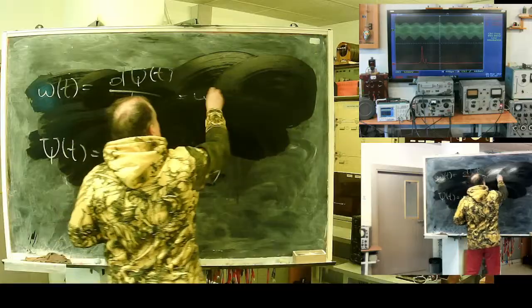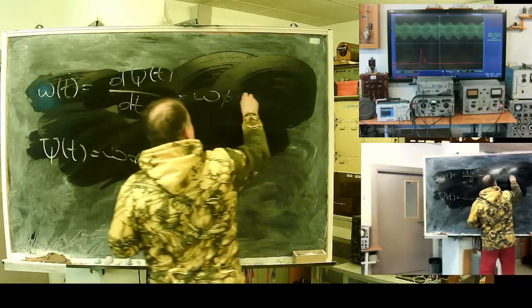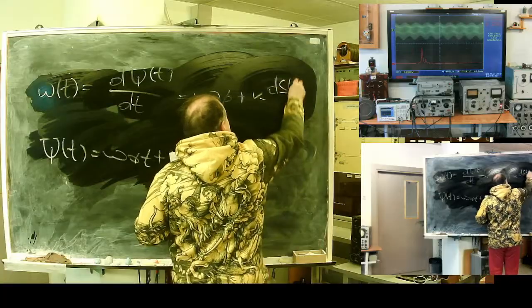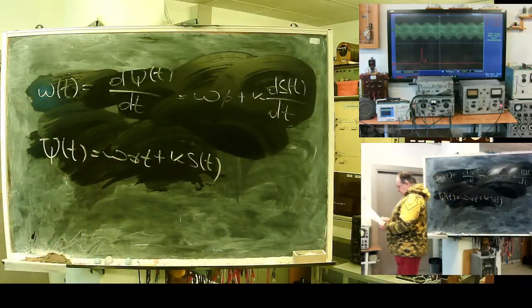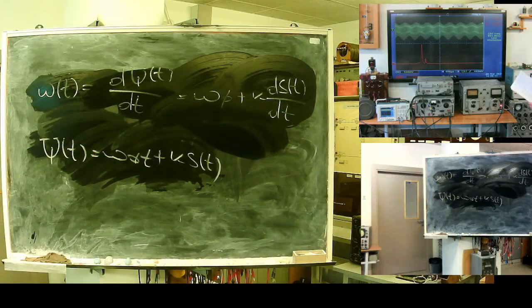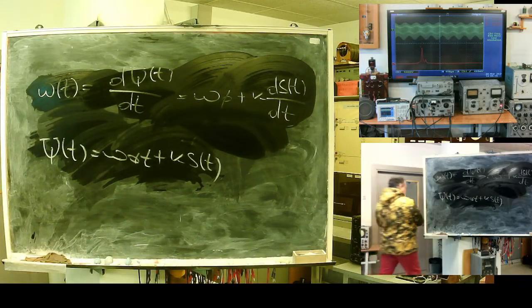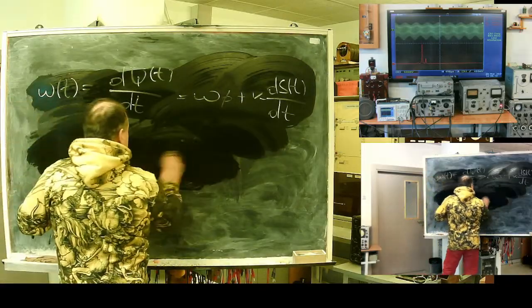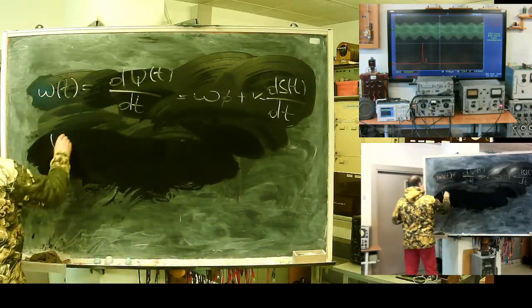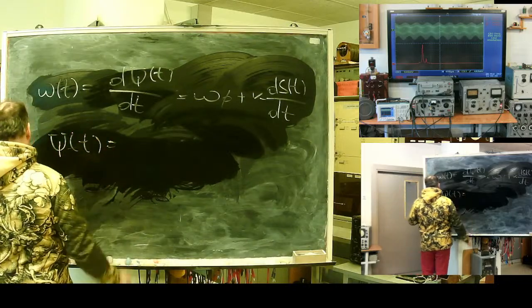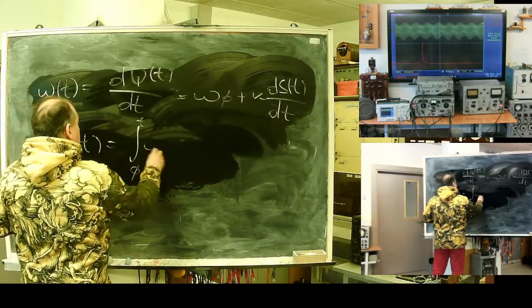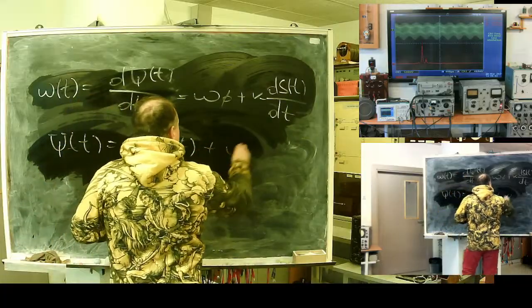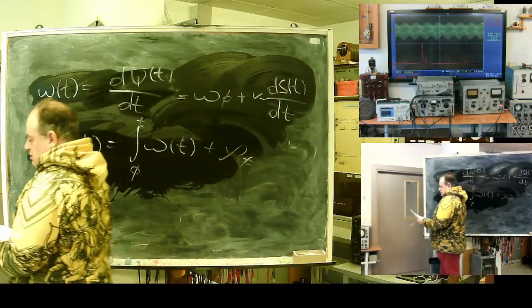In our case, it will be omega 0 plus k multiplied by the first derivative of my signal. Just to remind, instant phase can be found as the integral from 0 to time of instant frequency plus phi 0 at 0 time.